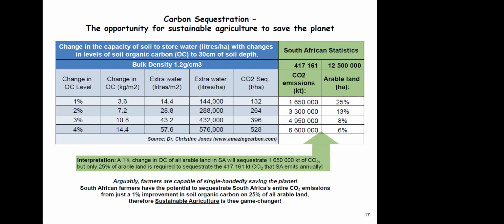And what is interesting here is that on the left-hand side, you've got the change in OC. OC is organic carbon, which is humus, from 1% up to 4%. And then you've got the change in the third column in the water retention, or even in the fourth column. These are the liters per hectare, or you could say kiloliters per hectare.